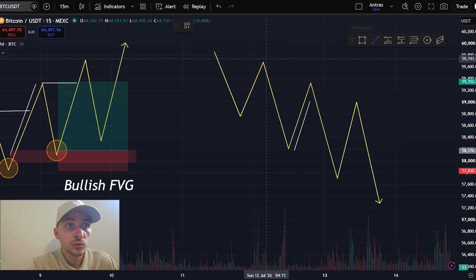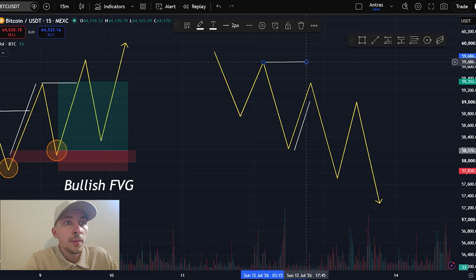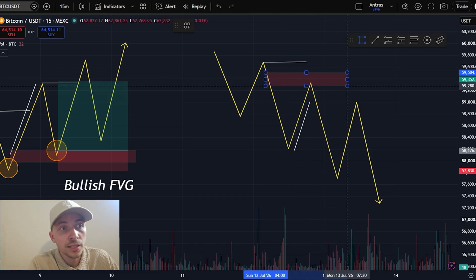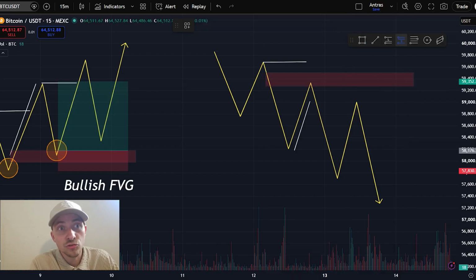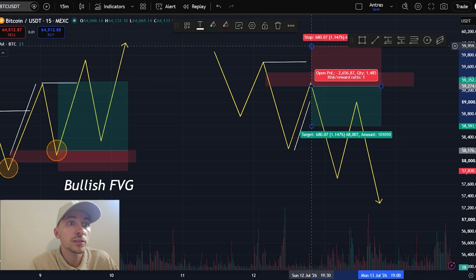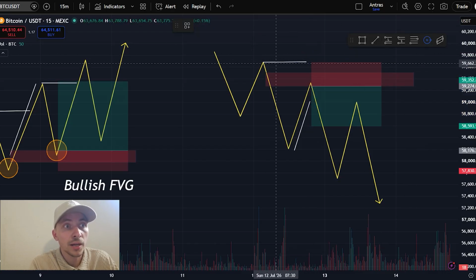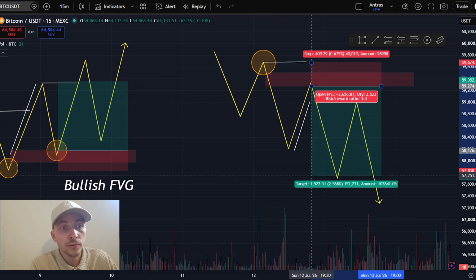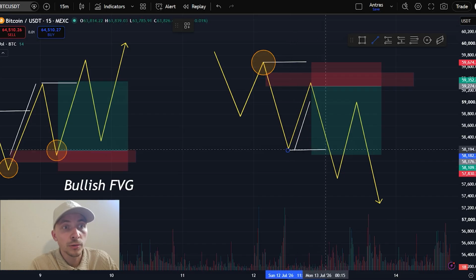Just do not get above here, because then we have a misunderstanding of the market. But basically here we're gonna have some fair value gaps, and from there we can enter the short positions, put the stop loss above this level, above our lower high, and take the profit at the new BOS somewhere below the lower low.